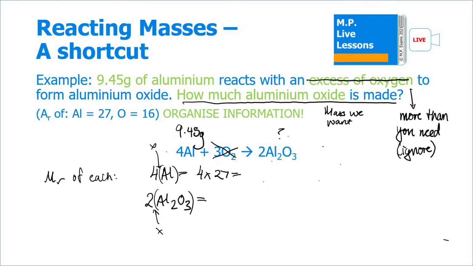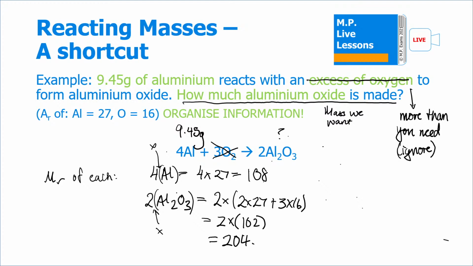So we have 4 atoms of aluminium. That turns out to be 108. If we have 2 atoms of aluminium oxide, each aluminium oxide is 102. So that's 204.